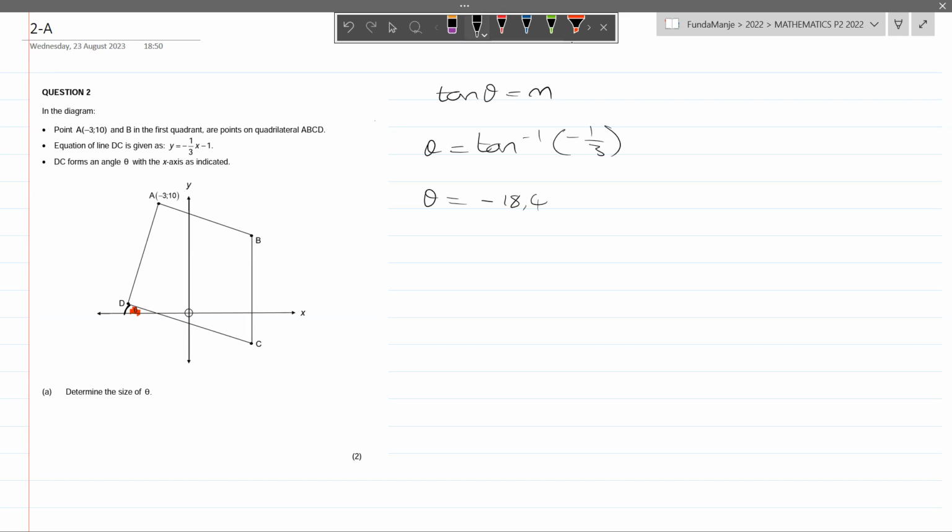But in this case, you can just take it as positive 18.4 degrees. So that is the size of the angle over there, 18.4. If we're looking for this one over here, then we would subtract 18.4 from 180 in order to get the angle.